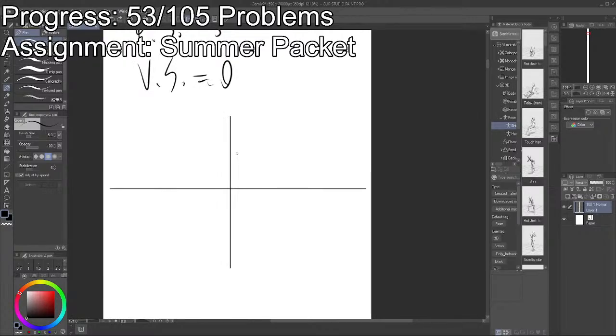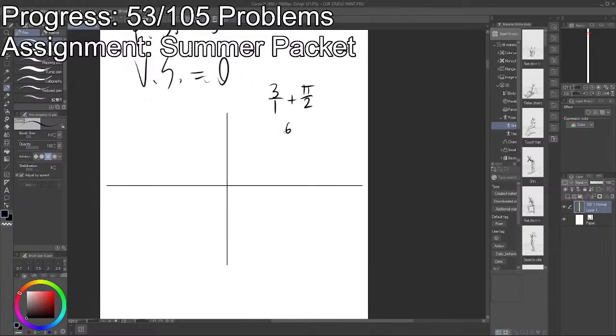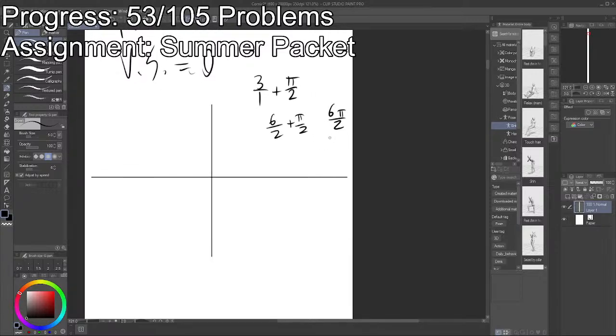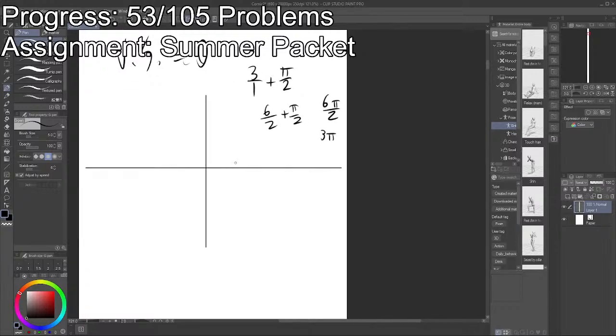I don't know what I'll do for that. Okay, so you have to add pi over 2. So if I did that, it becomes 6 over 2 plus pi over 2. 6 pi over 2 or 3 pi. Really, that's how it'd be.